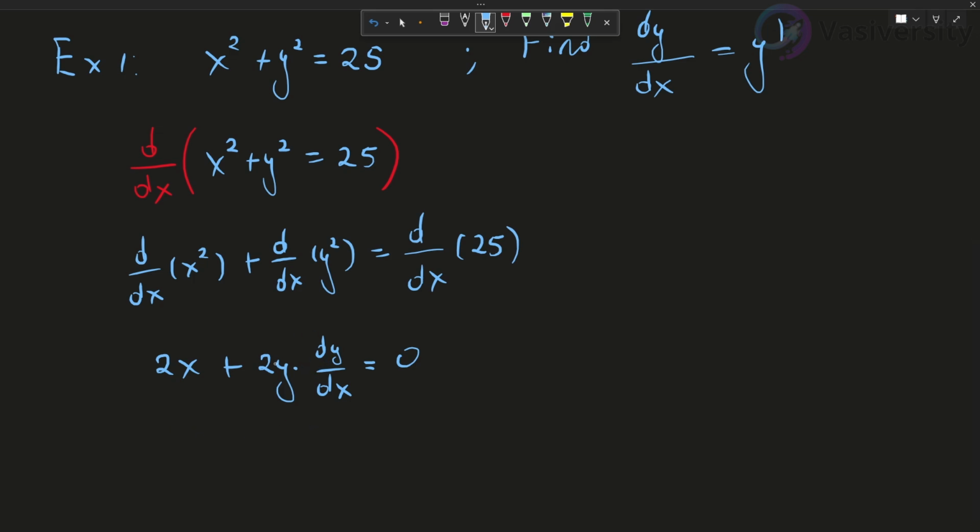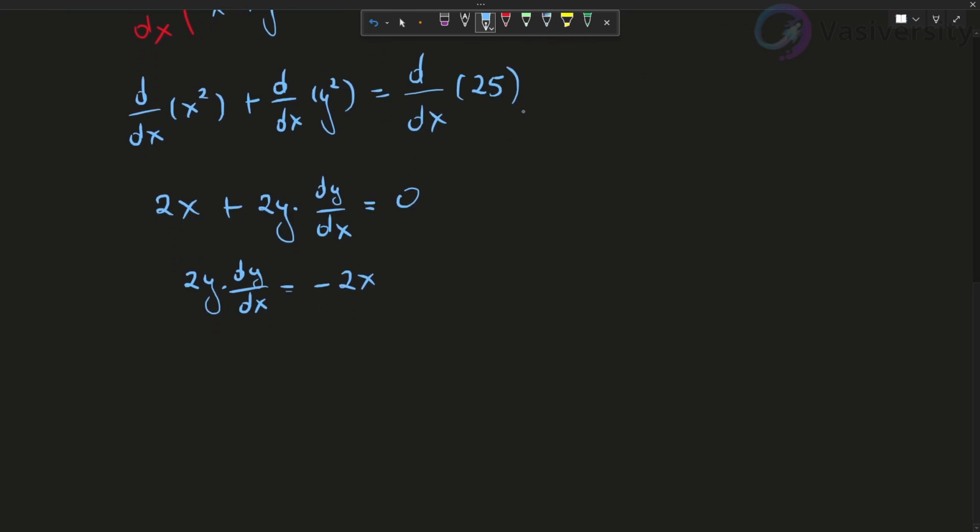If we solve for dy dx, we're going to have 2y times dy dx, which is the rate of change, equal to negative 2x. Dividing both sides by 2y, the 2 and 2 go away. That will give us dy dx is equal to negative x over y.